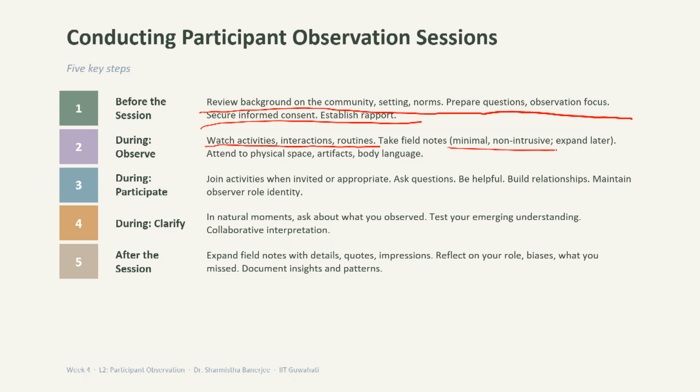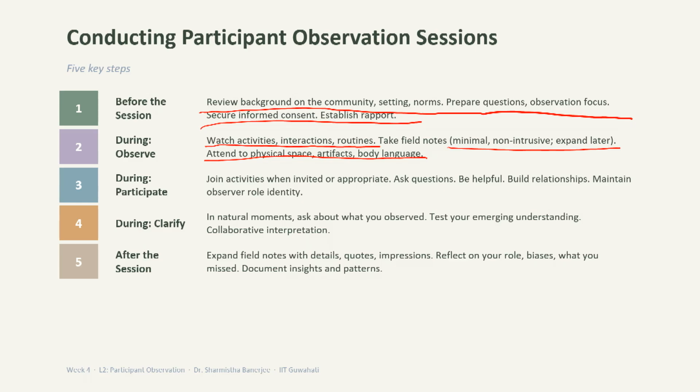When you are taking these field notes, try to be as minimal and as non-intrusive as possible, and maybe later in the day go and expand on them more. Attend to the physical space, artifacts, and body language of the people that you are observing.